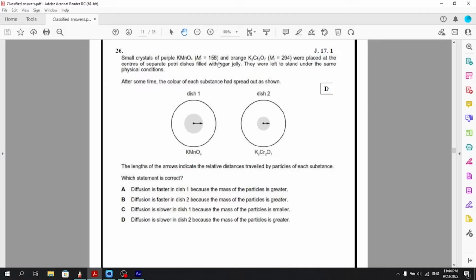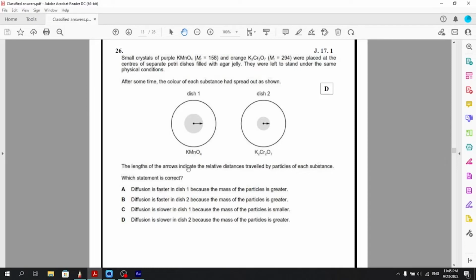Agar jelly and petri dishes, these are tools for making cell cultures and testing different tissues and stuff like that. They were left to stand under the same physical conditions. After some time, the color of each substance has spread out as shown. The lengths of the arrows indicate the relative distances traveled by particles of each substance.